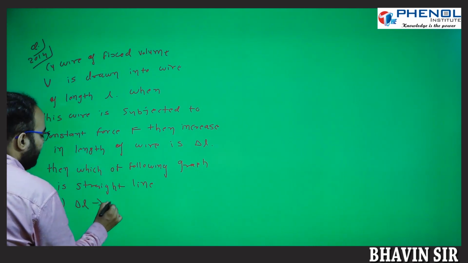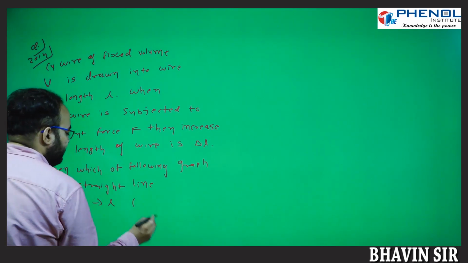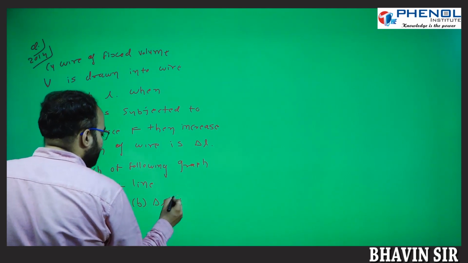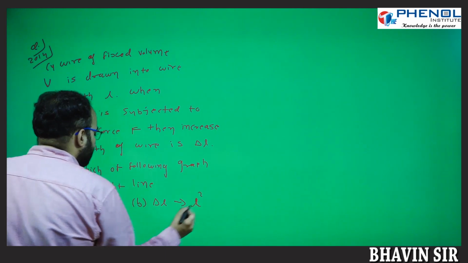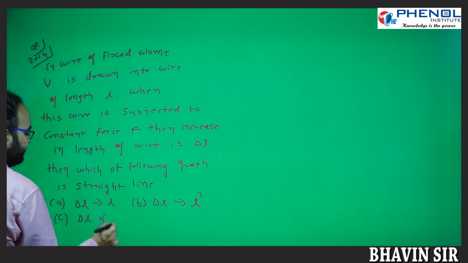Graph of delta L versus L, delta L versus L. It means we want to find the relation, students. Okay, we want to find the relation between change in length and original length. Simple.